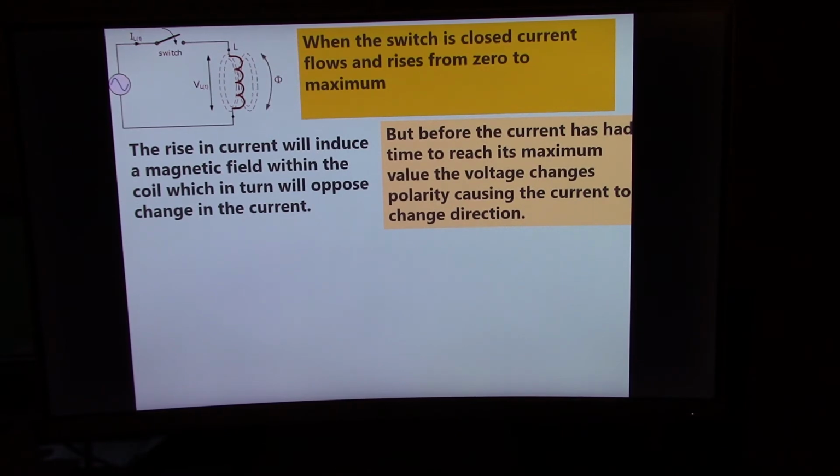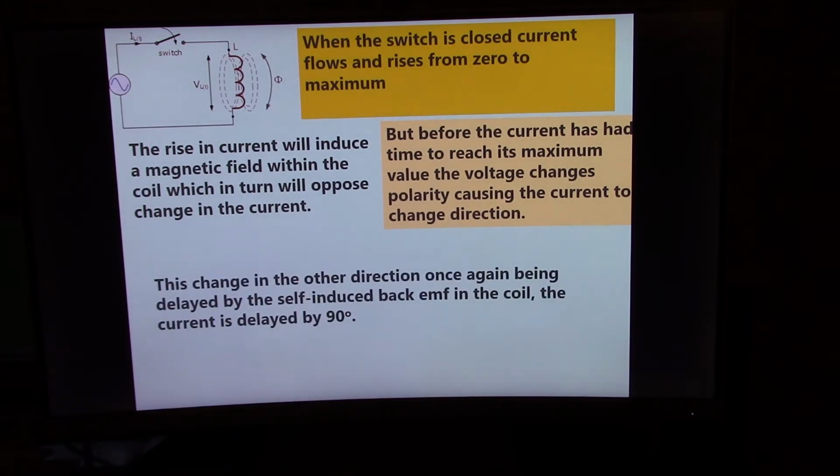And therefore you will get a change in the current. So this causes a reverse voltage induced back into the coil.